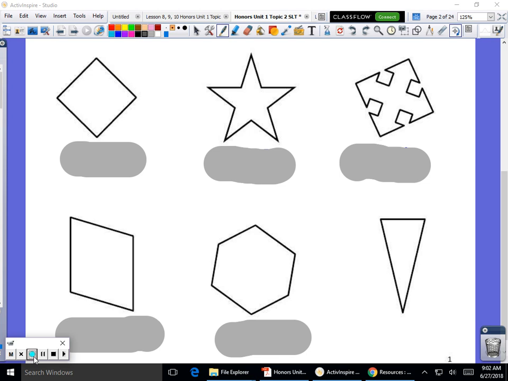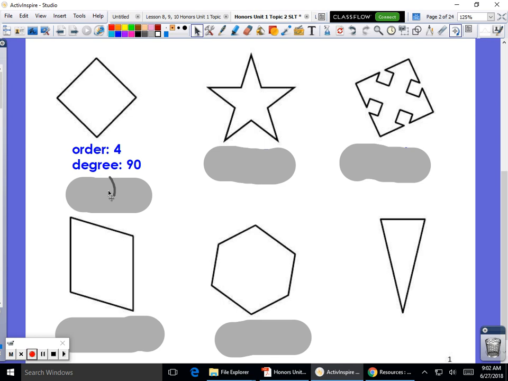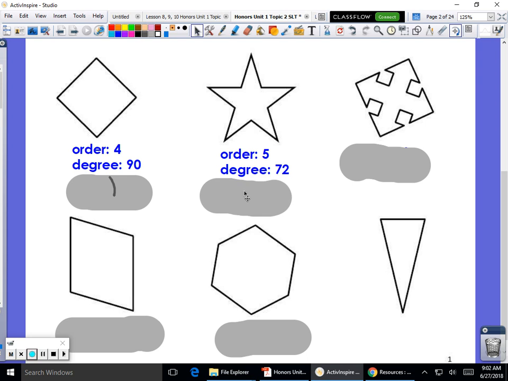All right, so in this situation, we have an order of 4. I can rotate that 4 times. Degree is 90 degrees, 360 divided by 4. All right, in this case, we have an order of 5. It rotates 5 times to match up to itself. And again, the degree is 72.